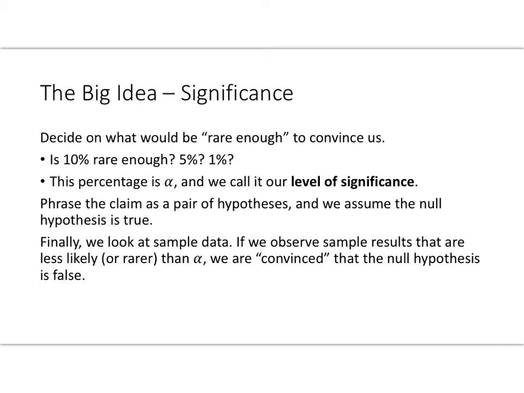Phrase the claim as a pair of hypotheses, and we assume the null hypothesis is true. Finally, we look at the sample data. If we observe sample results that are less likely or rarer than alpha, then we are convinced that the null hypothesis is false. We will again be doing all of this in section 8.2 and 8.3.